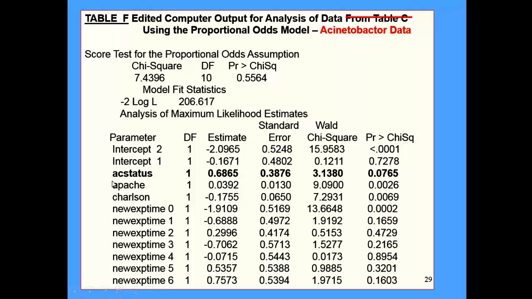Now, why did I put AC status in bold? Because that's the exposure variable and it's a no-interaction model, right? So for this model, if I wanted to get the odds ratio for AC status, the exposure, how do I do it? I exponentiate this, and it controls for everything else in the model.